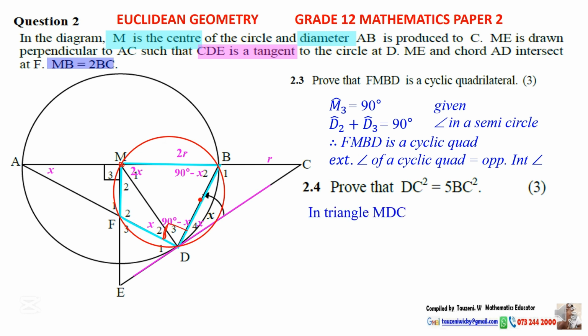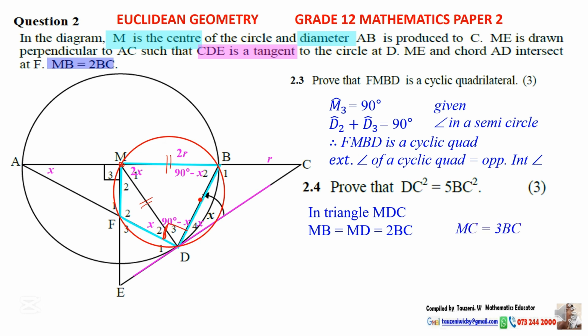Number 2.4, you can figure that out on your own actually. In triangle MDC, we have MB equal to MD. We have already figured this out in the beginning. MB is the radius and MD is also the radius, so we already established that one.